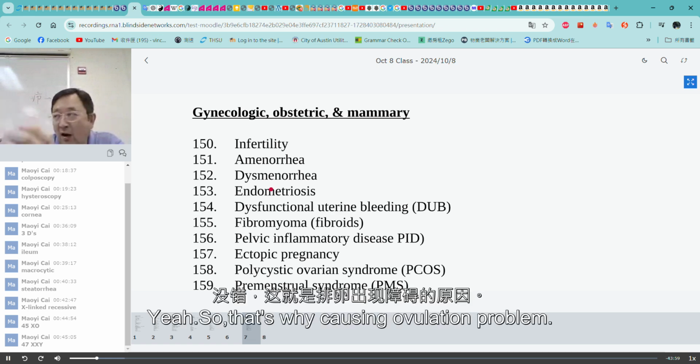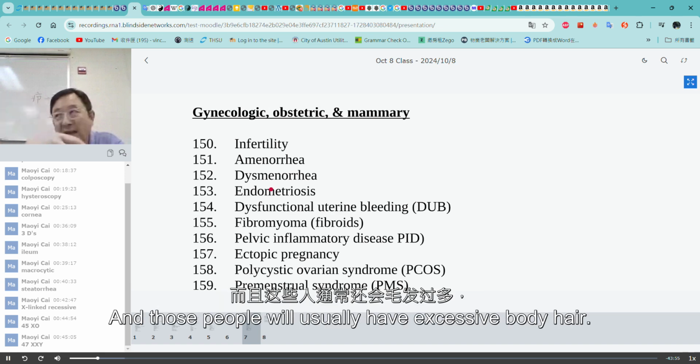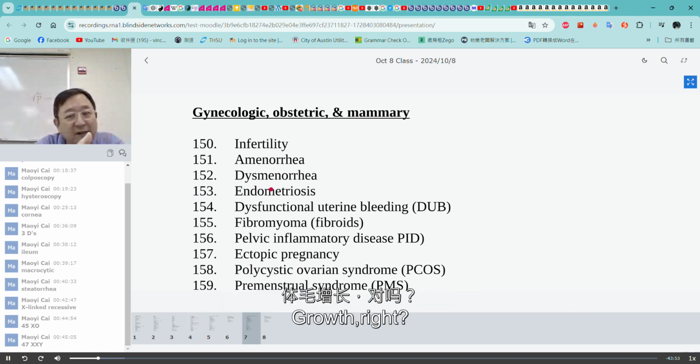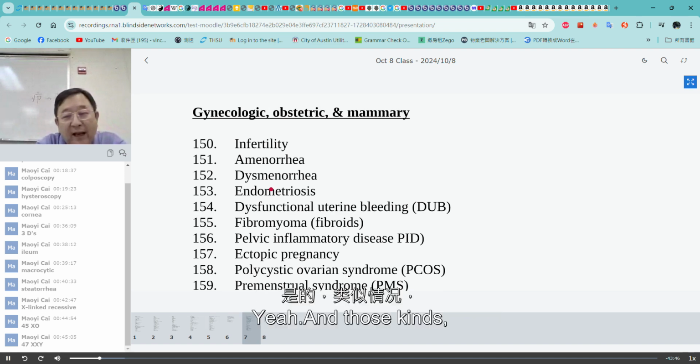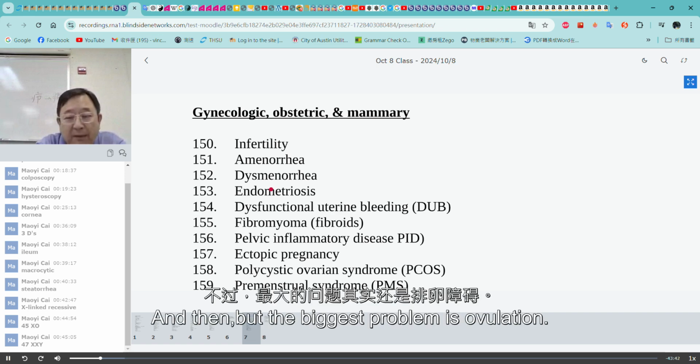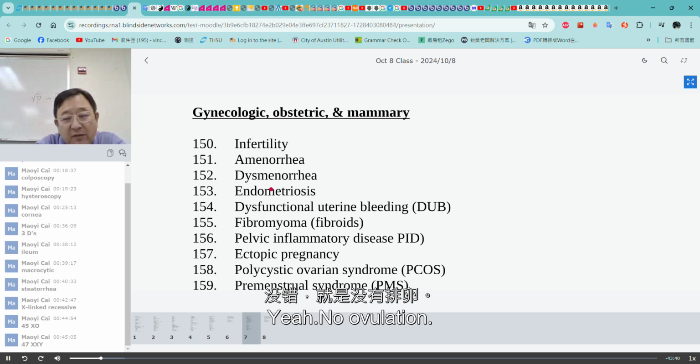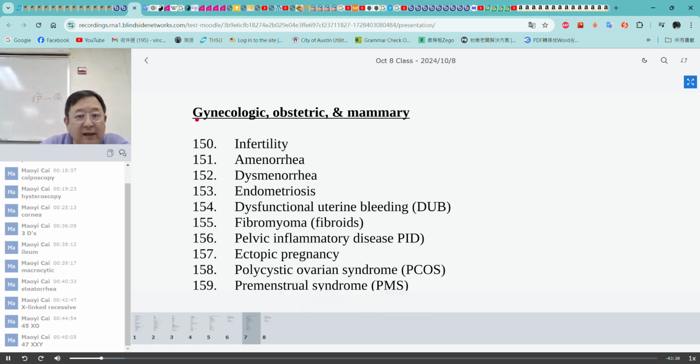That's why it causes the ovulation problem. Those people usually have excessive body hair growth, like a mustache, beard, or sometimes chest hair for women. And they are usually overweight. But the biggest problem is ovulation. No ovulation. Okay, so this is infertility.